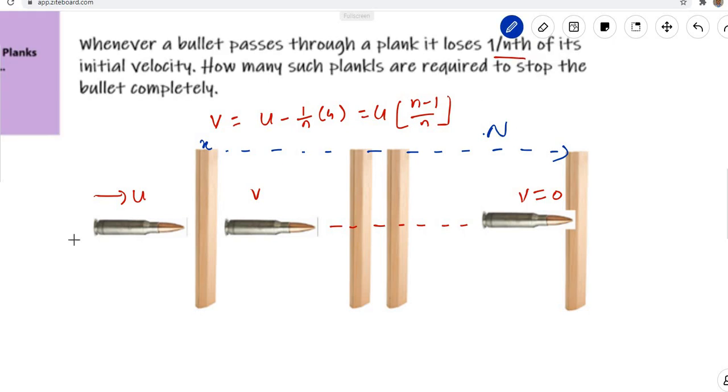N is the total number of planks. So that means by the time it moves from the first plank to the last plank, the total distance covered by the bullet is Nx.